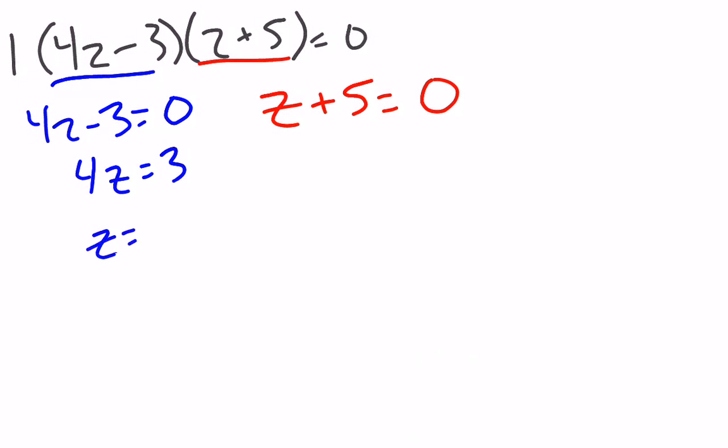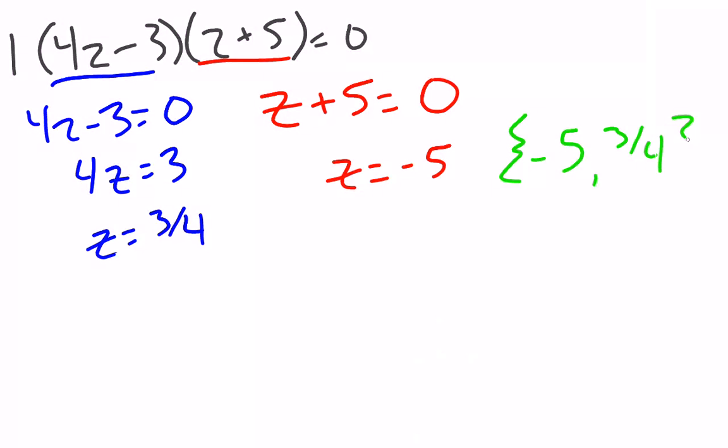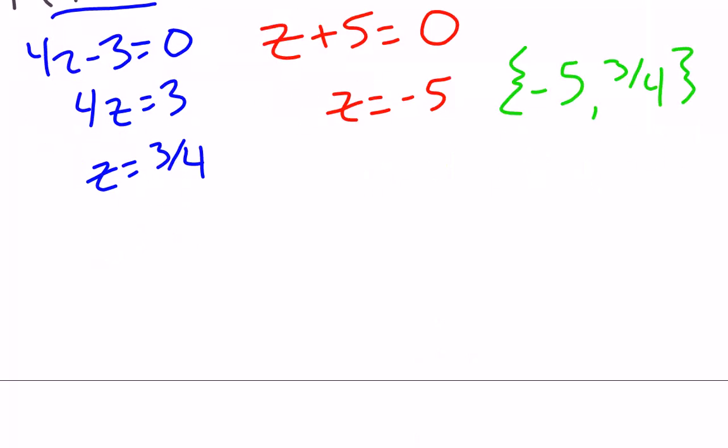So z equals 3 over 4. It's a fraction. Leave it. It's okay. With the z plus 5 equals 0, I need to subtract 5, so I get z equals negative 5. Final answer is negative 5, or 3 over 4. If you got that, awesome.